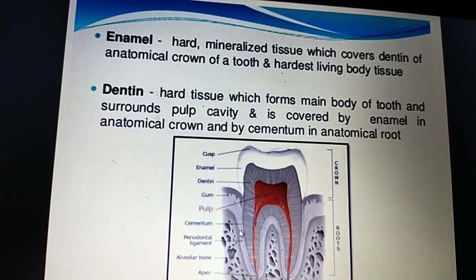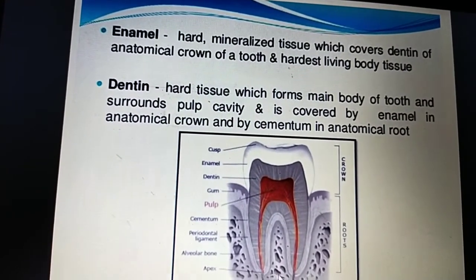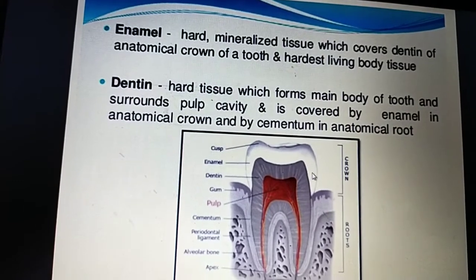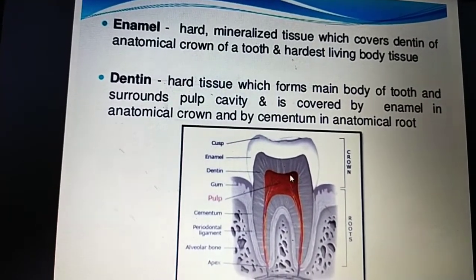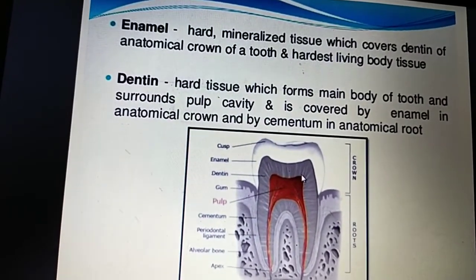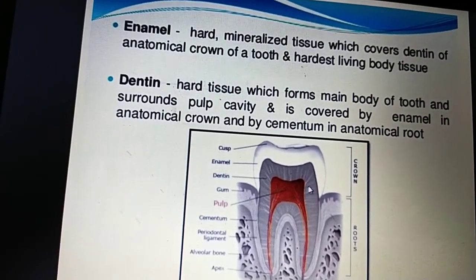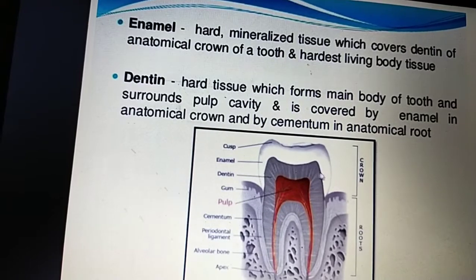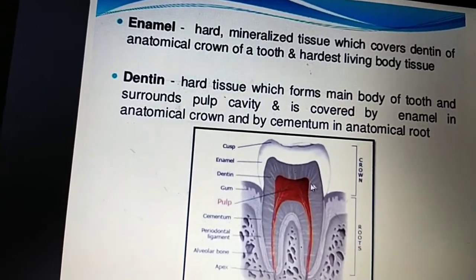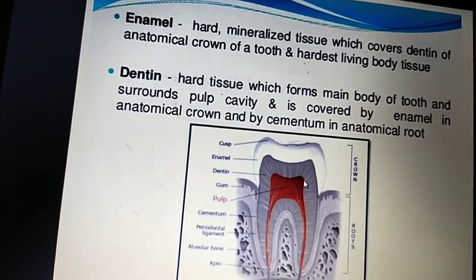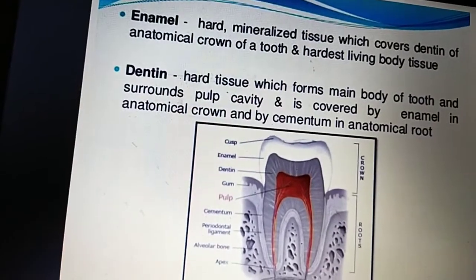This is the cementum, and above it is the enamel. Okay, dentin is a substance that lies beneath the enamel and the cementum in the tooth.